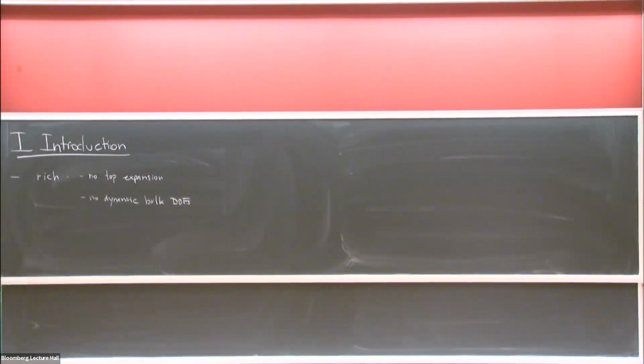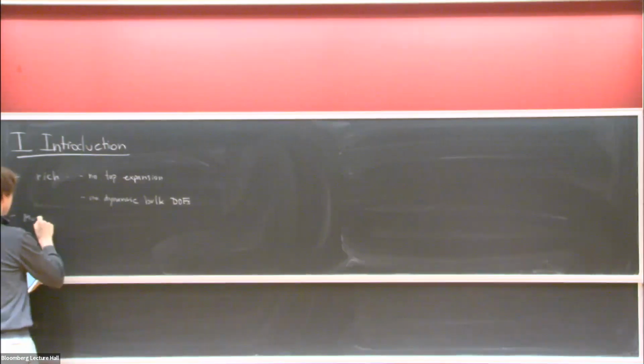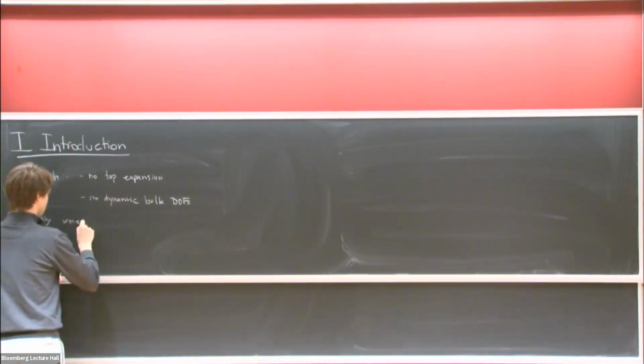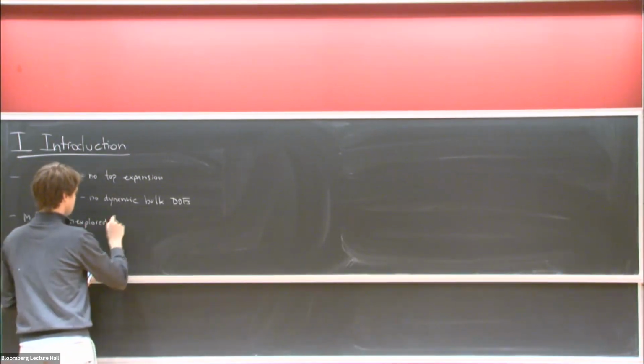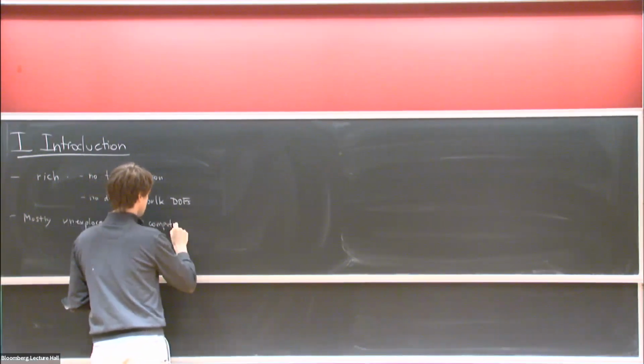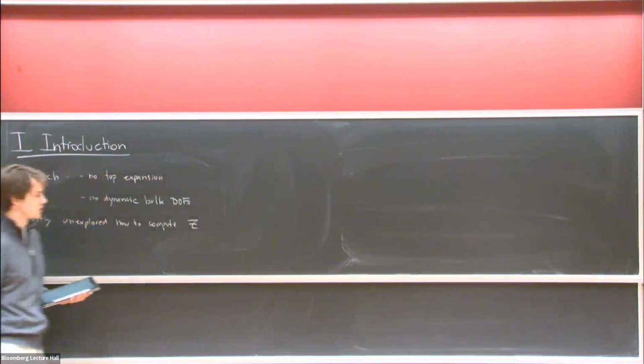However, even though this is essentially a topological theory, it's still mostly unknown, I would say, how to compute various things in this theory. There are, of course, some famous computations, but it's fair to say that it's mostly unexplored how to compute, say, partition functions and various other quantities.